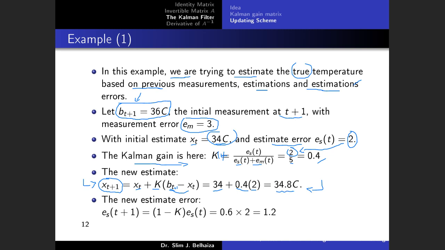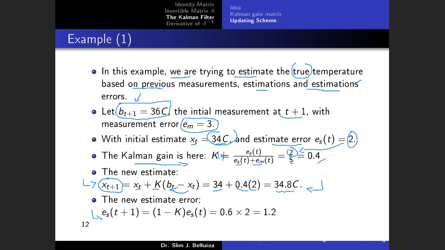Okay? Now, this is not enough, because based on the new estimation, you also need to update the estimation error you're carrying. As we said in the previous slide, maybe the most important data you're carrying with you is how well your model is behaving or learning by itself from the new measurements and errors it makes.